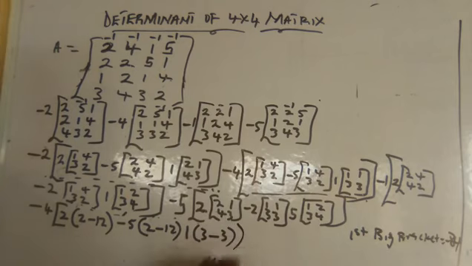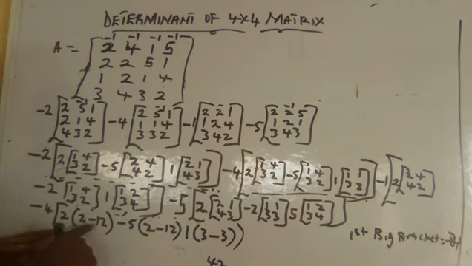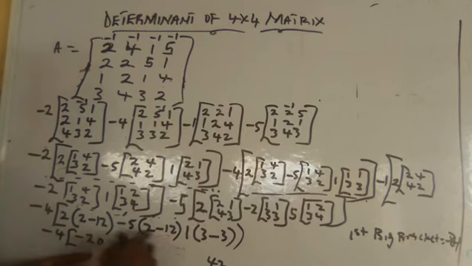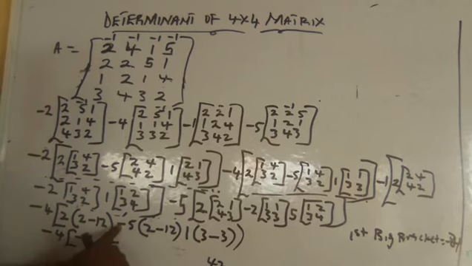Now, if you solve the same thing, this one will give you minus 10, minus 4 bracket, this will be minus 20, then plus minus 10, 2 minus 12, minus 10. Minus times minus plus, 5 times 10, that will be 50.